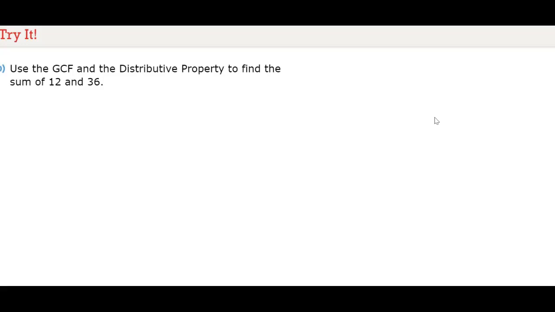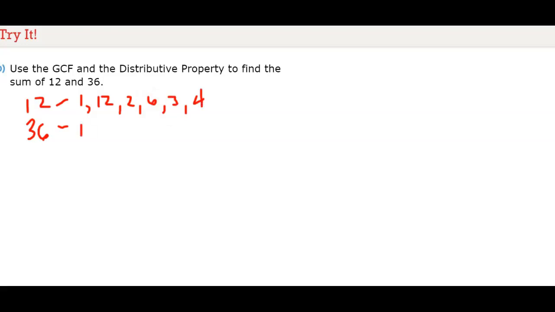So I want to take the time to show you a different way to find the GCF, just so there is another option. You can list the factors of each of the numbers. Factors of 12 would be 1 and 12, 2 and 6, 3 and 4.